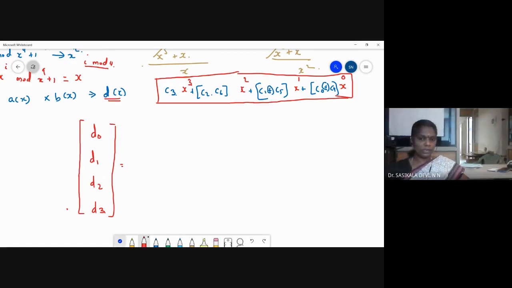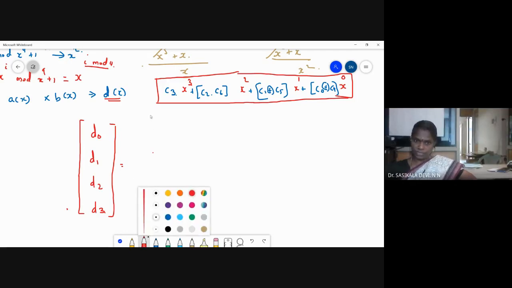Okay, so this can be achieved by using a simple multiplication, because this is the x power 0 term, C0 and C4. C0 and C4 are based on the A and B values. Okay, so let me generalize it.